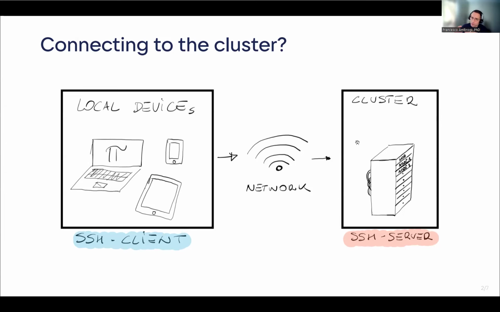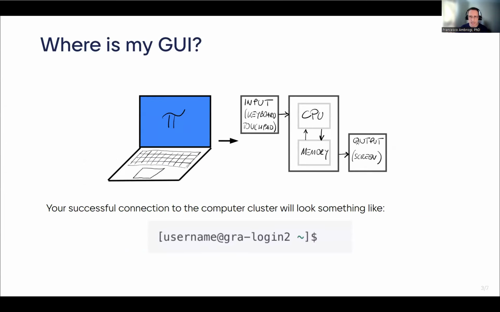Now we need to see how these actually work, because our idea of interacting with a computer is interacting with the graphical user interface, with the screen. We have all the input devices that we know, the keyboard, the touchpad, and we are used to this type of interaction. But once the successful connection has been established, it will look something like what you see in the bottom.